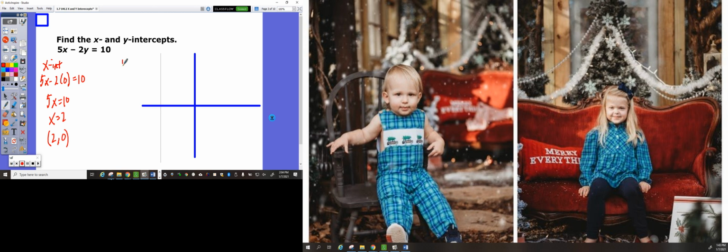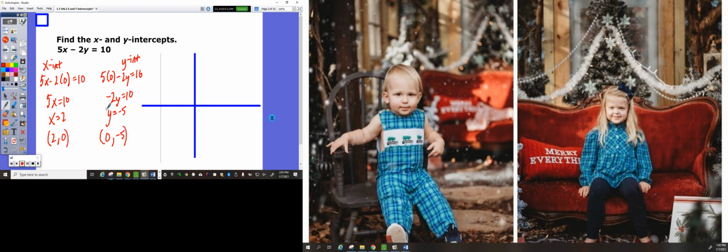If I do the y-intercept, anywhere along this y-axis, my x value is 0. So we plug in 0 for x, and we have -2y equals 10. y equals -5. So my y-intercept is 0, -5.